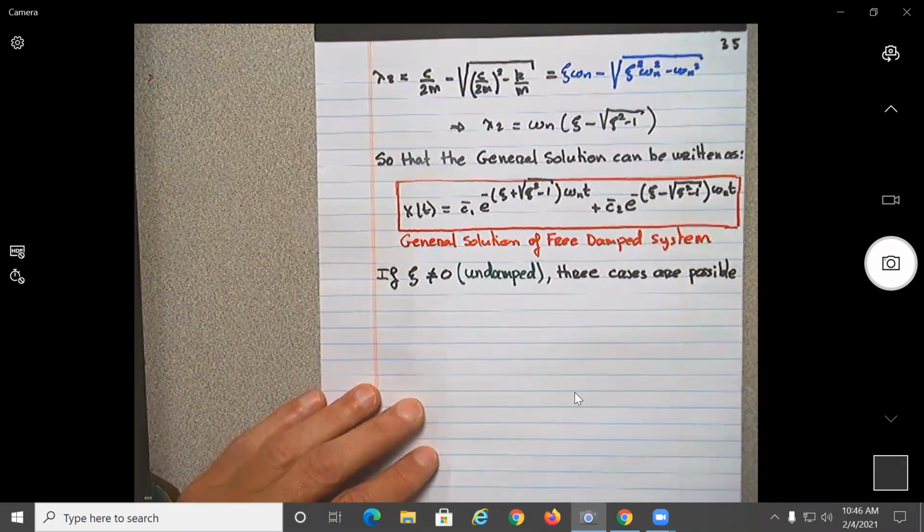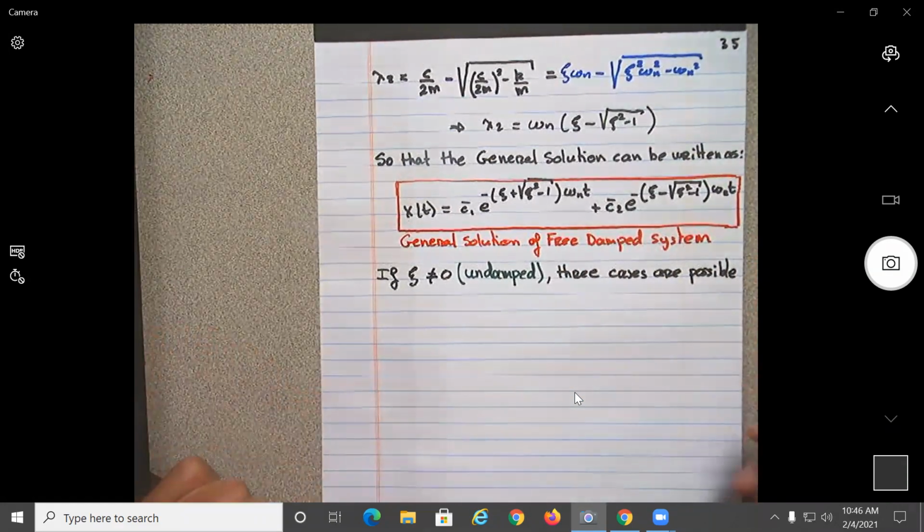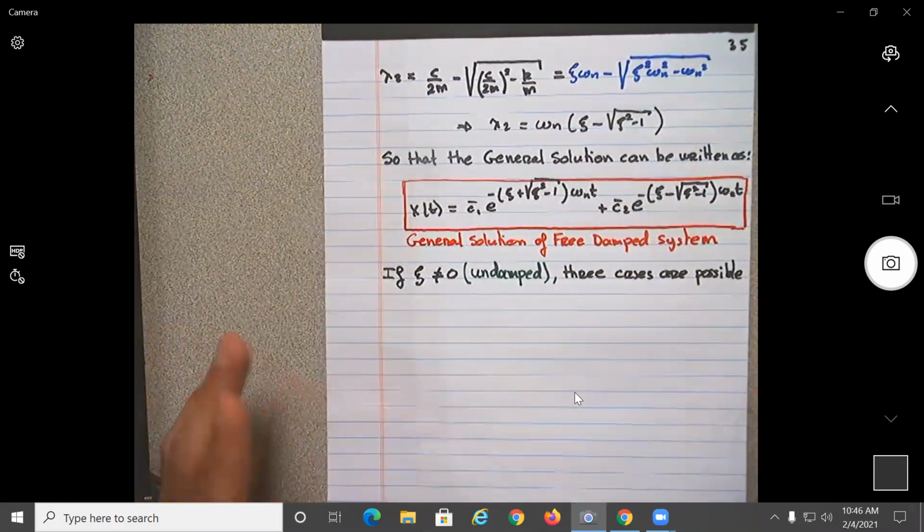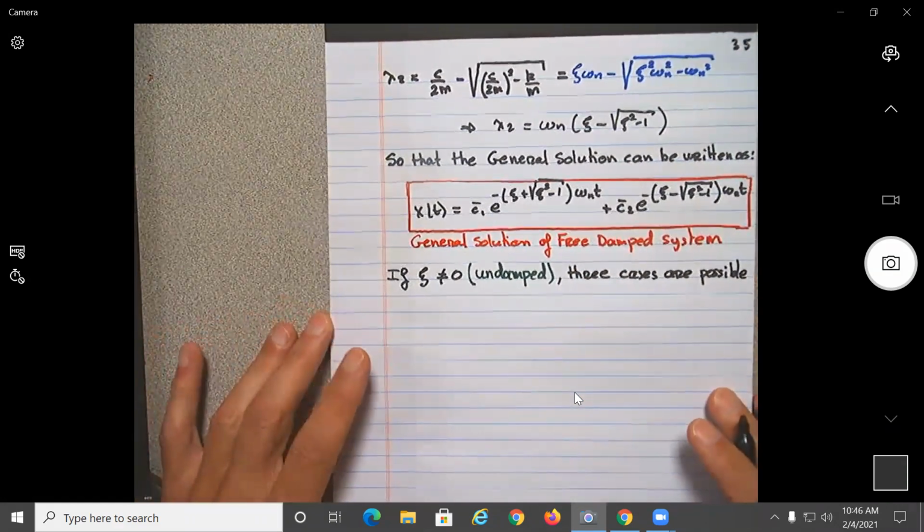The three cases mentioned before are the overdamped, underdamped, or critically damped. Let's see what is the meaning of each one of them.